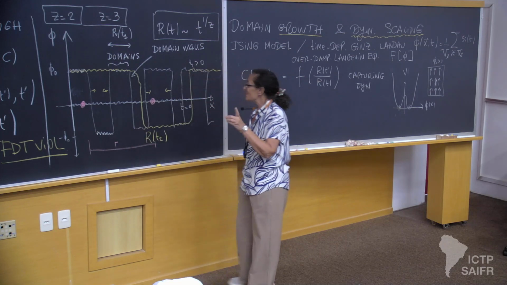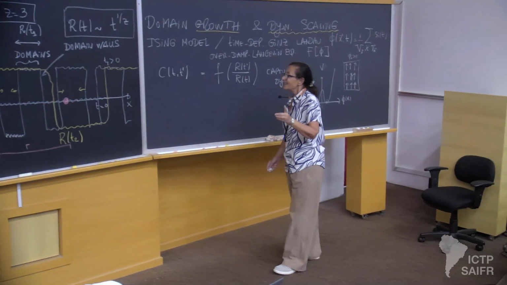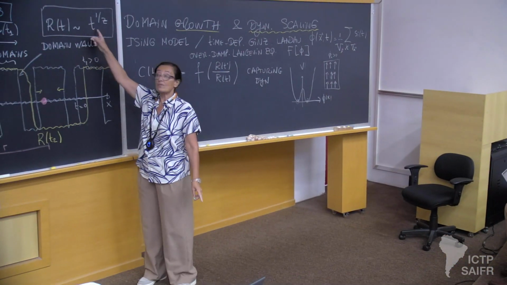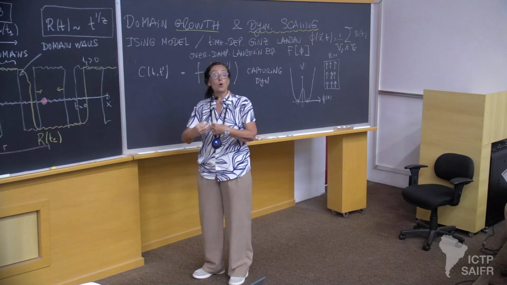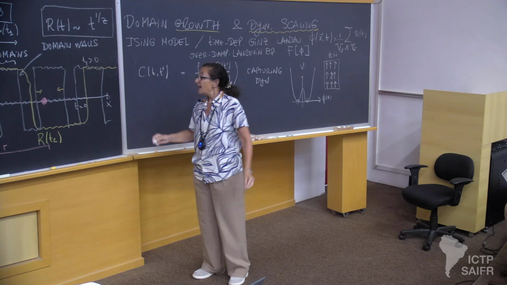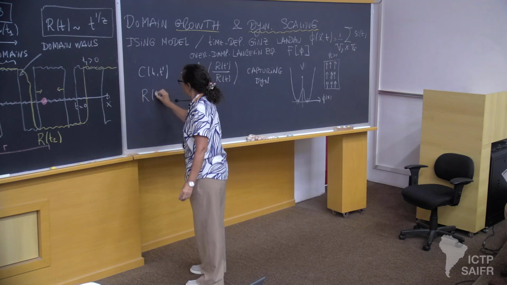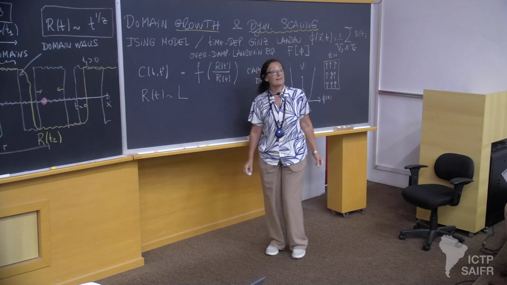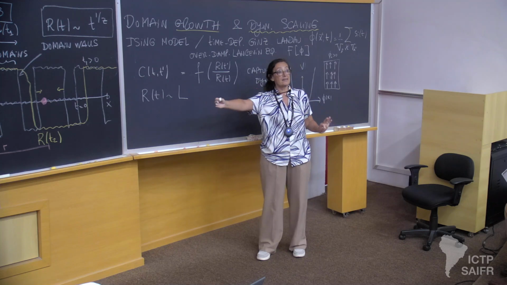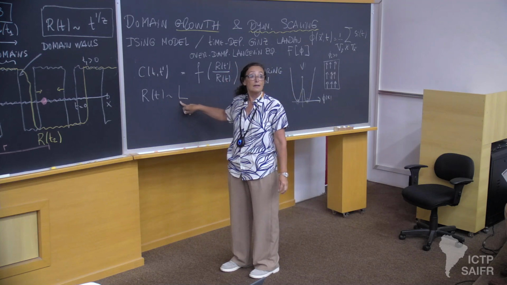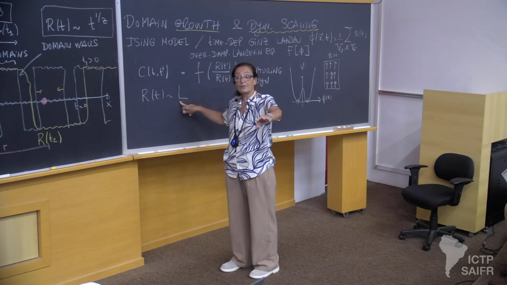Your question reminds me that I haven't said something very important, which is that if the growth of the domains is like this, and I want to order the system everywhere in the same direction, I will have that R of t should be of the order of the system size. This L is the linear system size. So R of t should reach L to have a uniform homogeneous configuration.